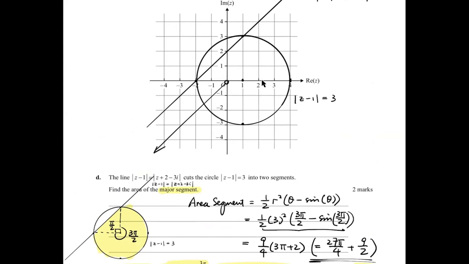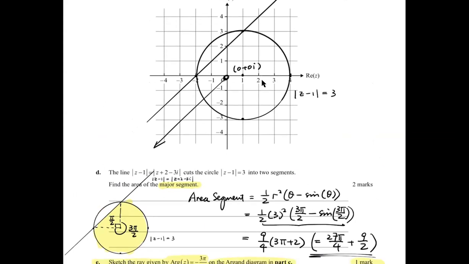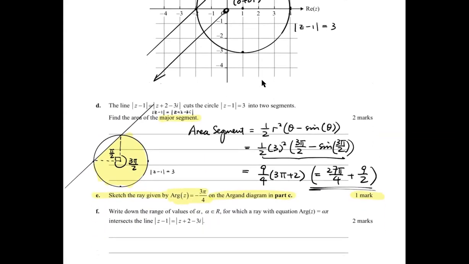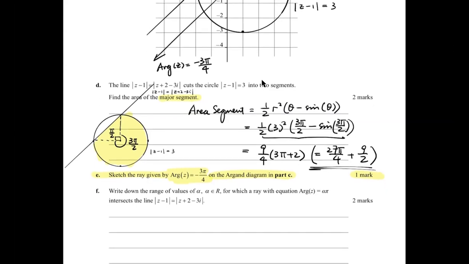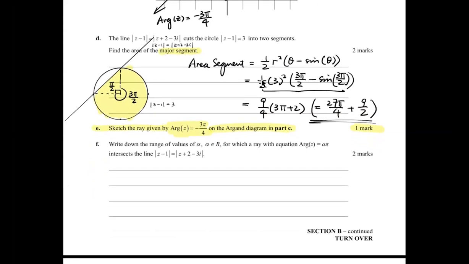So the starting point must be excluded, okay? Let's label this one 0 plus 0i. Excluded, okay? A clear open circle must be drawn. And this is arg z equals minus 3 pi over 4. Write down the range of values of alpha for which a ray with the equation intersects the line.